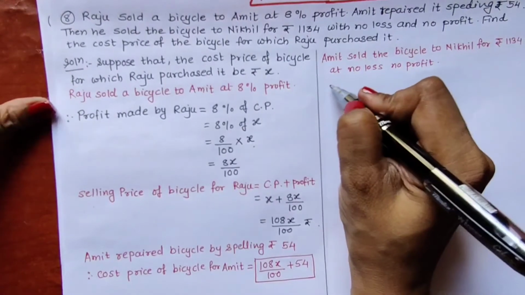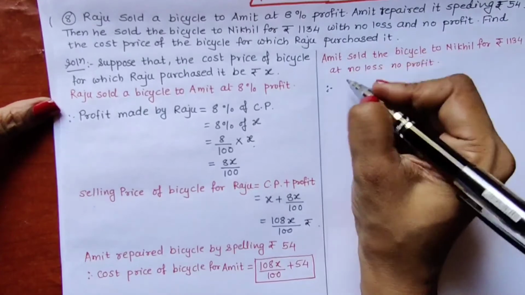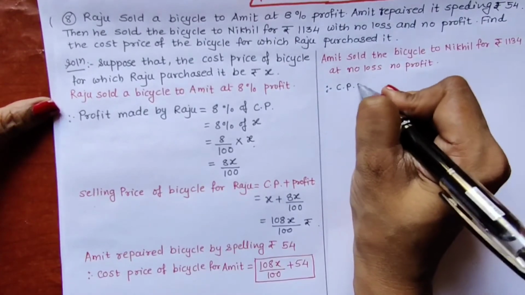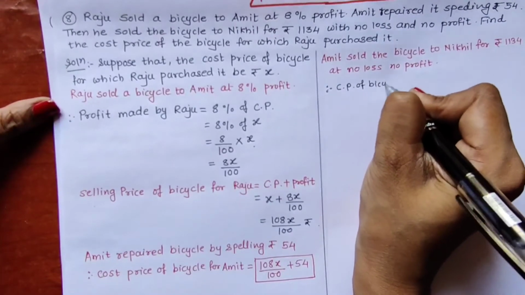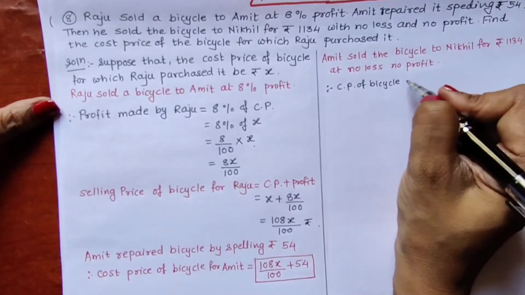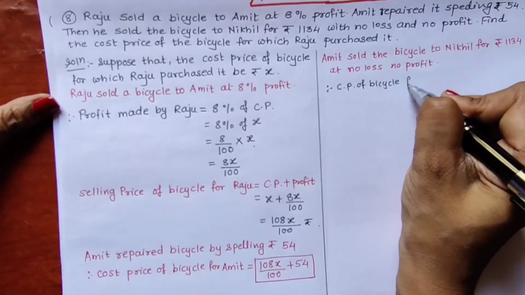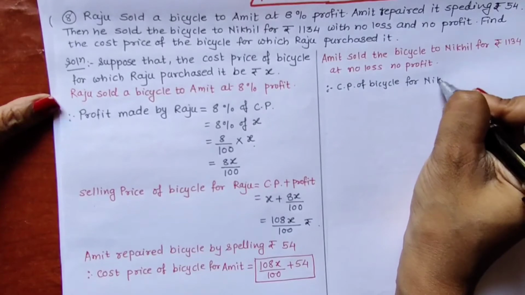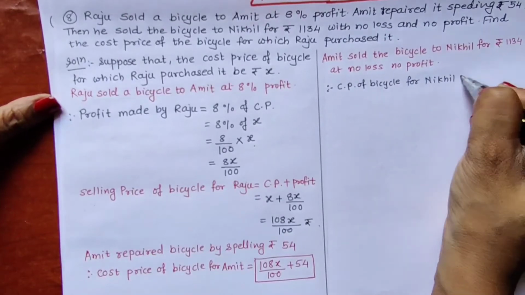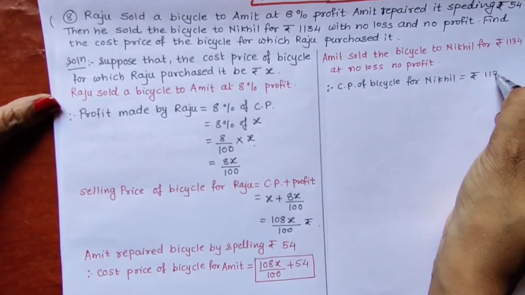Therefore, the cost price of the bicycle for Nikhil is equal to rupees 1134.